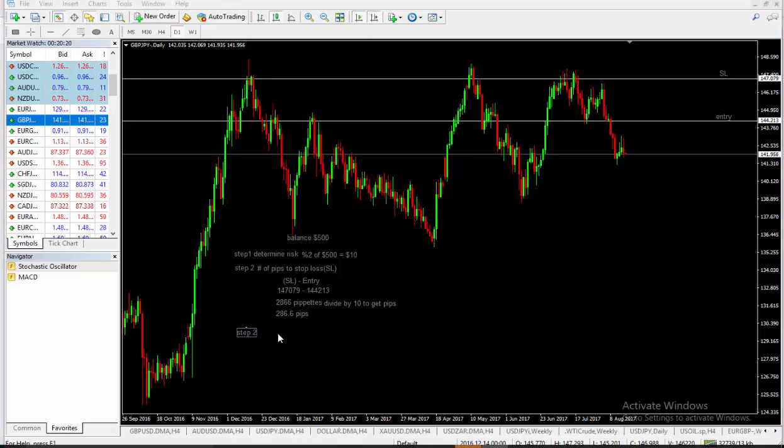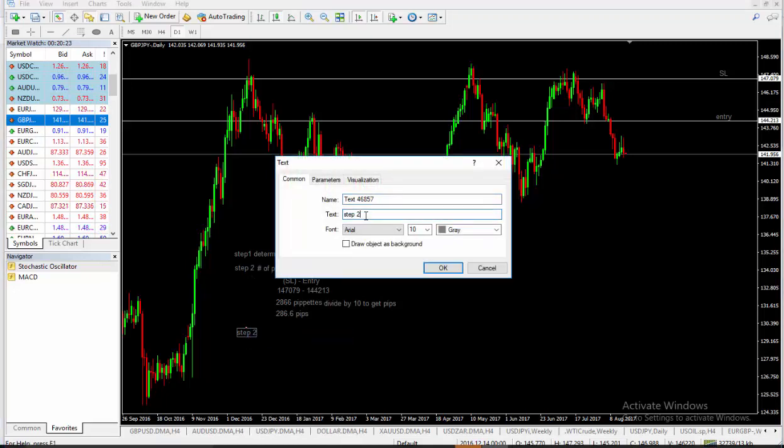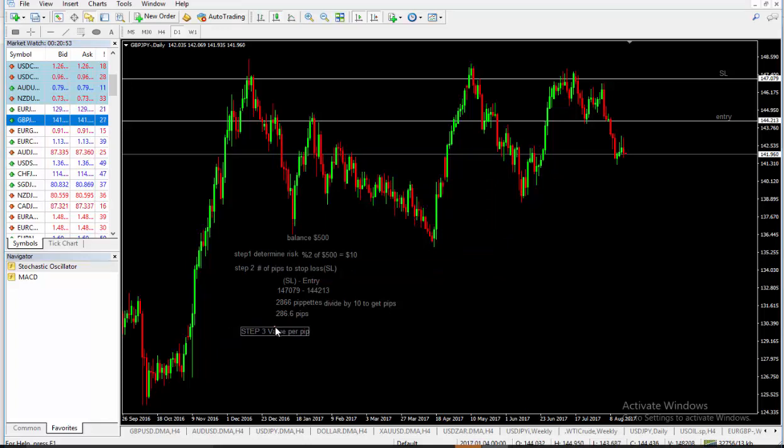Step 3, which is the value per pip. Step 3 is the value per pip, right?